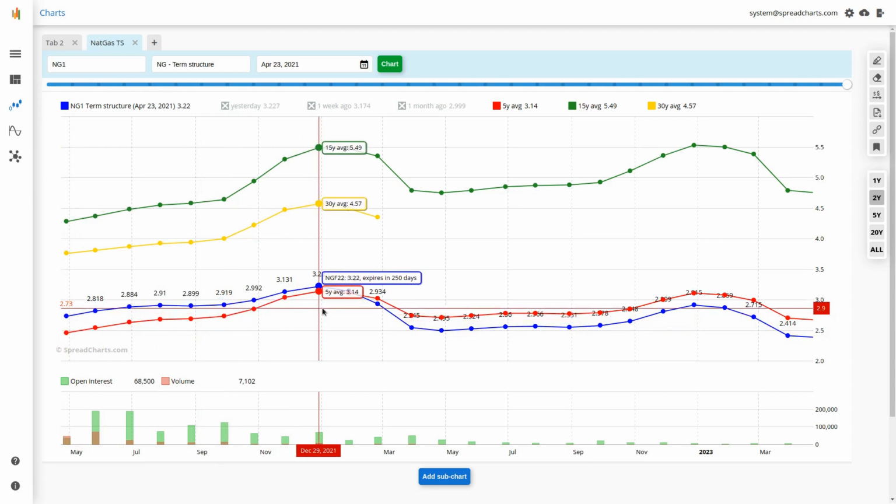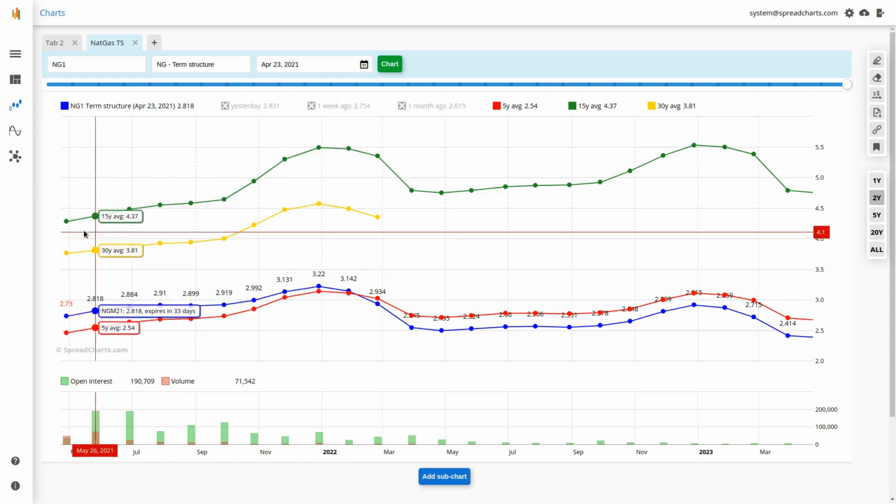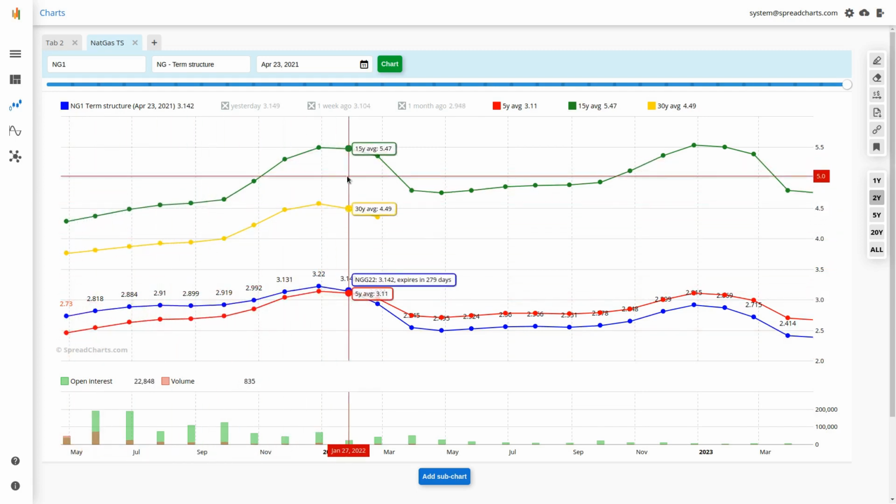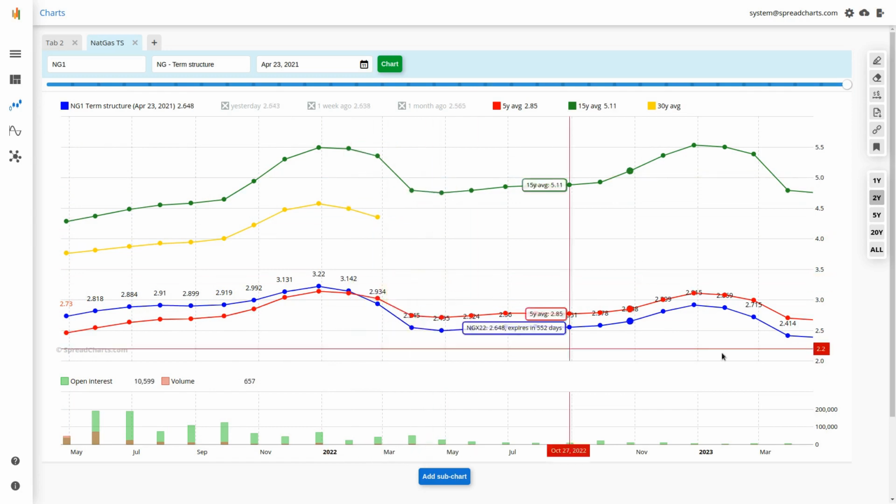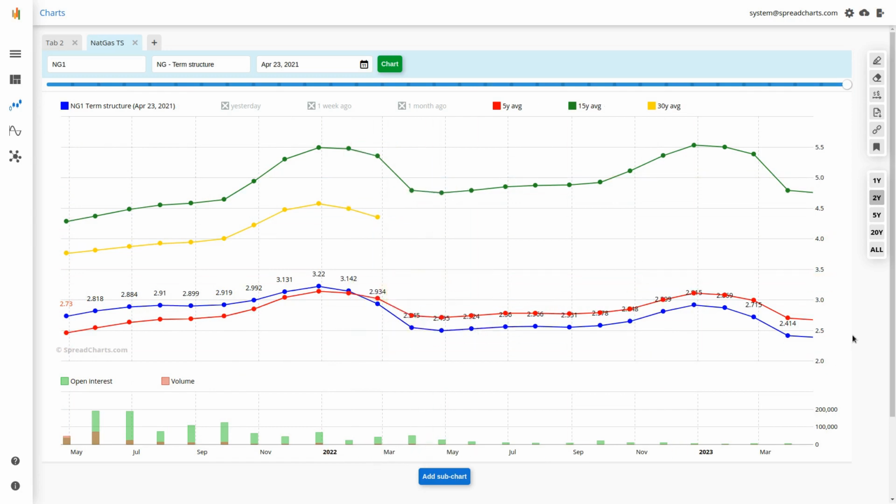In fact, I would say it's been cheap over the last 10 years, which is a very long time. So the fact that it continues to be cheap doesn't imply its price has to go higher immediately. It doesn't imply it has to match the historical prices, the long-term historical prices next year or over the next few years.